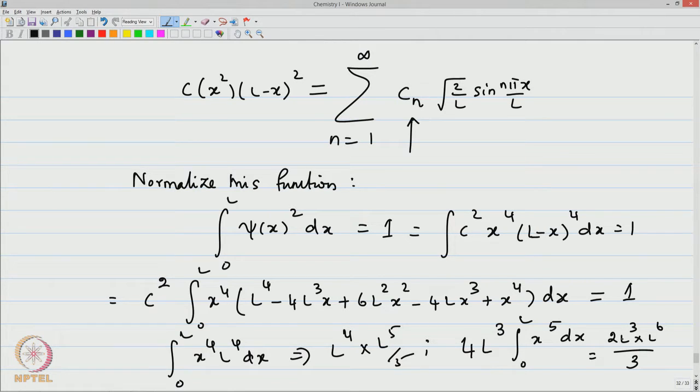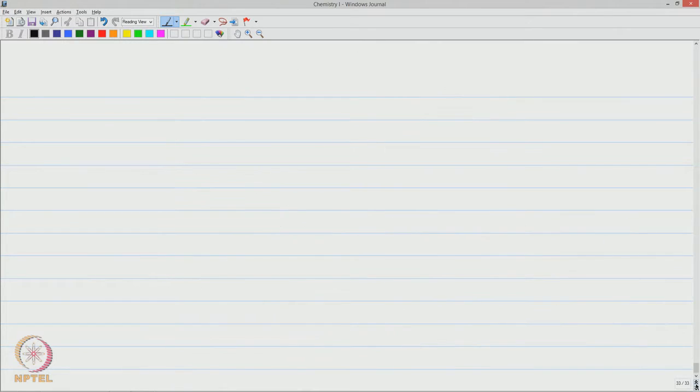Likewise you can calculate all the individual terms and you just add all these fractions. When you do that, the answer turns out to be c square L raised to 9 divided by 630, that will be 1. That is the answer you will get when you do the arithmetic.